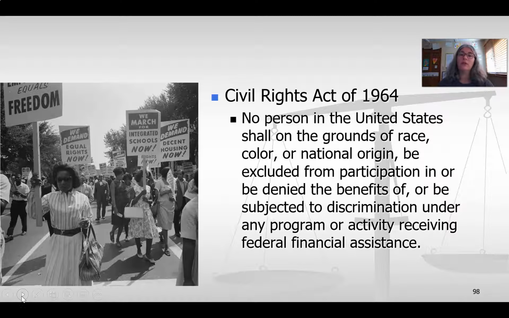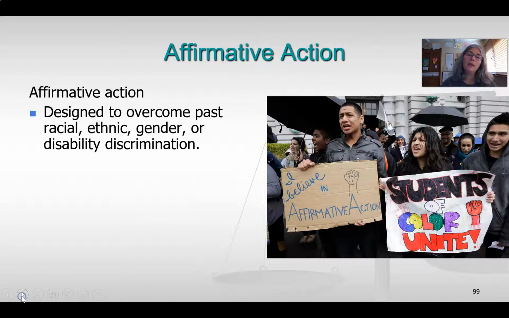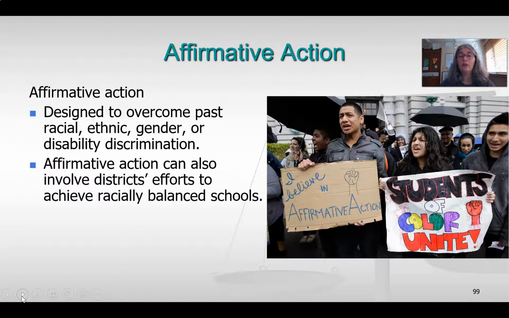So again, we saw how this in our previous chapters related to the end of segregation in schools. And as I also alluded to, affirmative action, which is meant to overcome past discrimination. And it can also involve a district's efforts to try to racially balance schools.